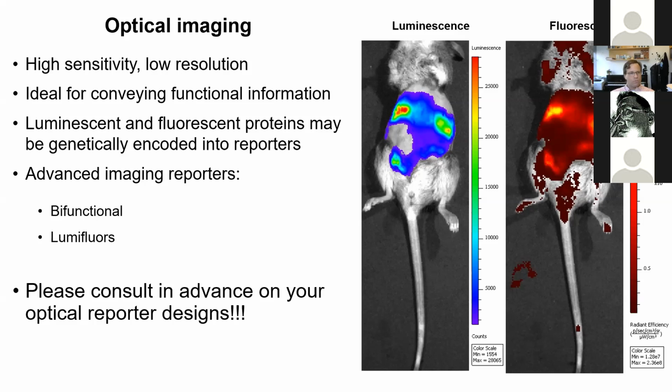I want to make one note right now, which is that imaging reporters have been undergoing a tremendous revolution recently, becoming brighter, more specific, more multifunctional. As a result, there are a lot of technologies that are well beyond the standard luciferase cassette of the 1990s era. So I encourage you to reach out to our team and consult in advance on your optical reporter designs, because if you're building something from scratch, you don't want to miss the opportunity to use something that's a lot brighter and a lot more capable than the plasmid that's been sitting in your freezer for the past 10 years.